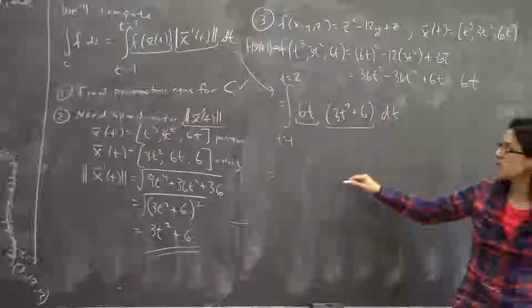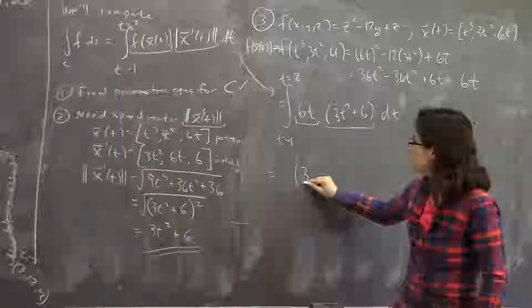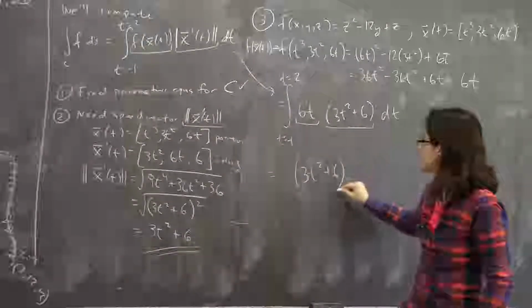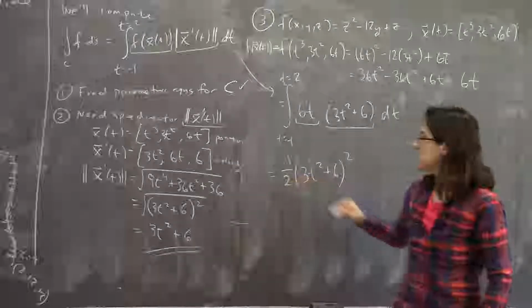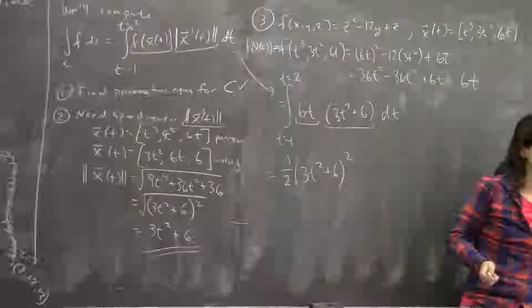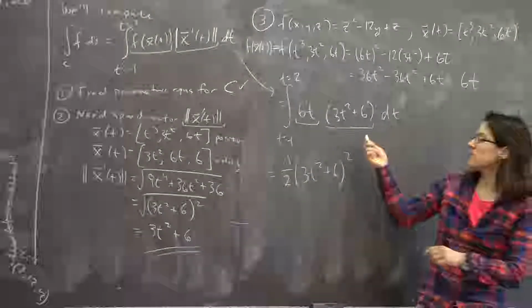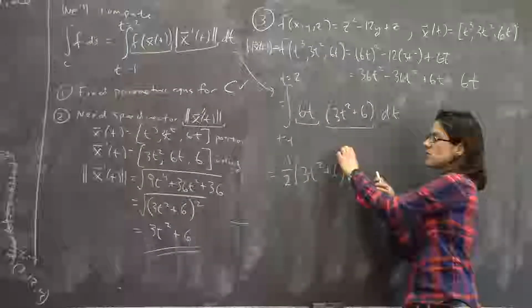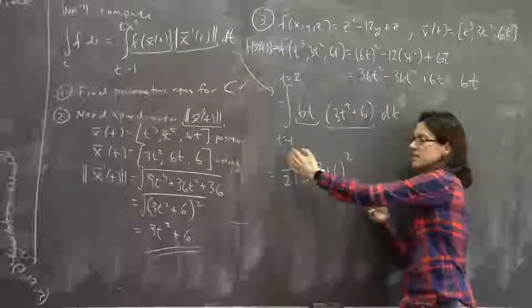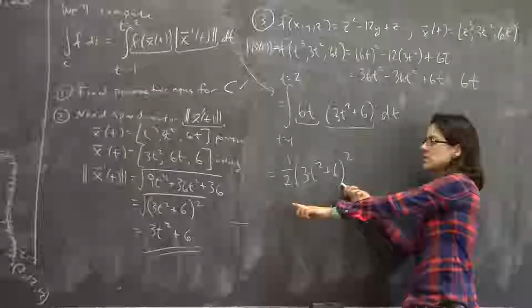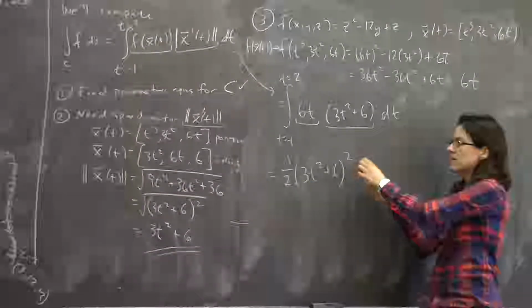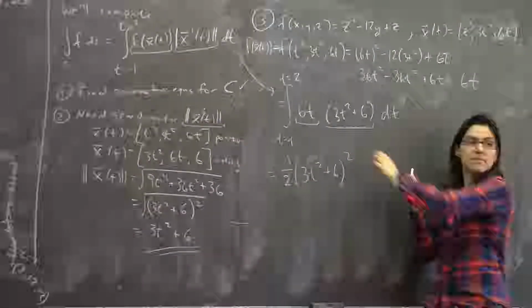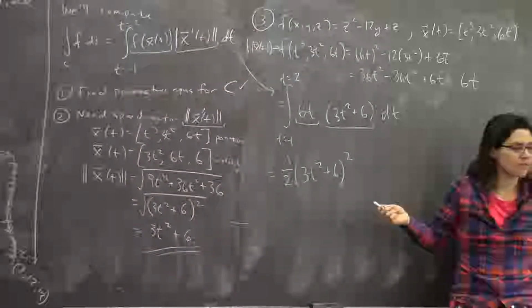So a clever thing to do would be to say this is 3t squared plus 6 squared, and then multiply by 1/2. That's the antiderivative. Because if you check it, take the derivative of this thing, it's 2 times 1/2, cancels out the constants, times 3t squared plus 6 times the derivative of the inside, which is 6t. So it looks like it is the antiderivative for what we want.